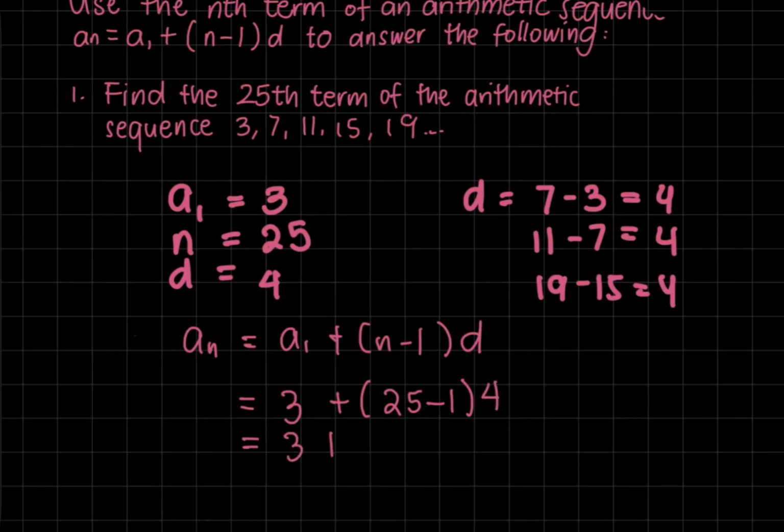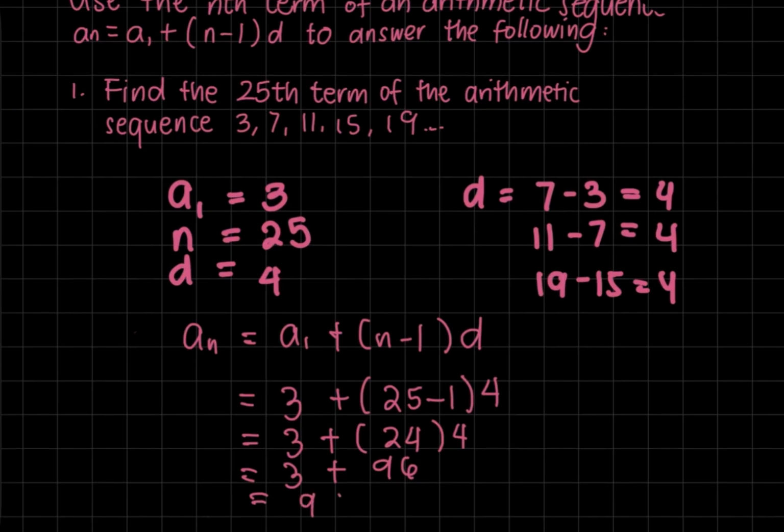Simplifying that, we have 3 plus 24, 25 minus 1 is 24 times 4, and 24 times 4 is 96. And then 3 plus 96 is 99.